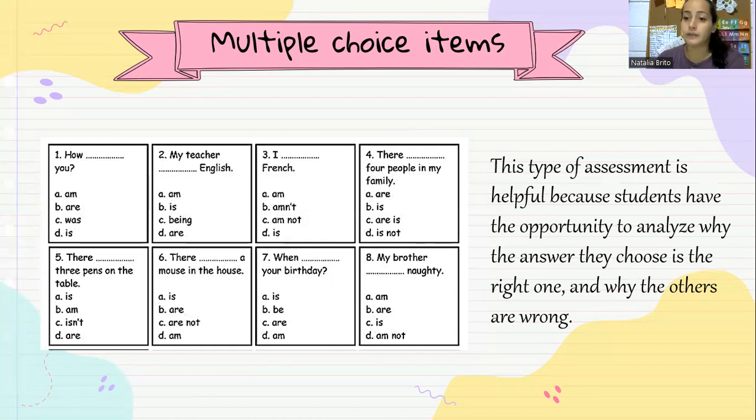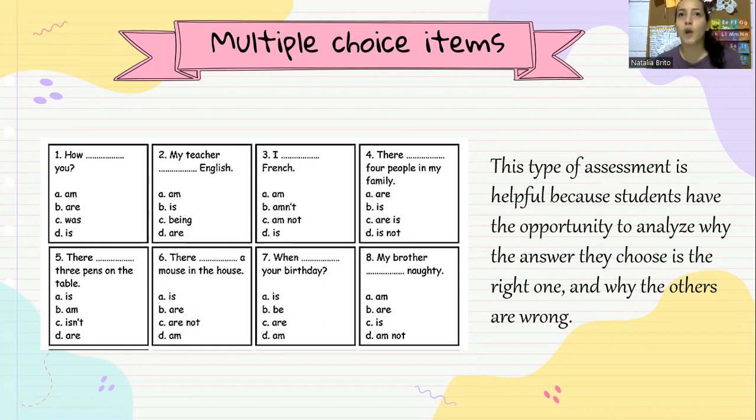Okay, this type of assessment is very helpful because students have the opportunity to analyze why the answer they chose is correct. Why is it the right one? And why are the others not the right one? Why are the others wrong?